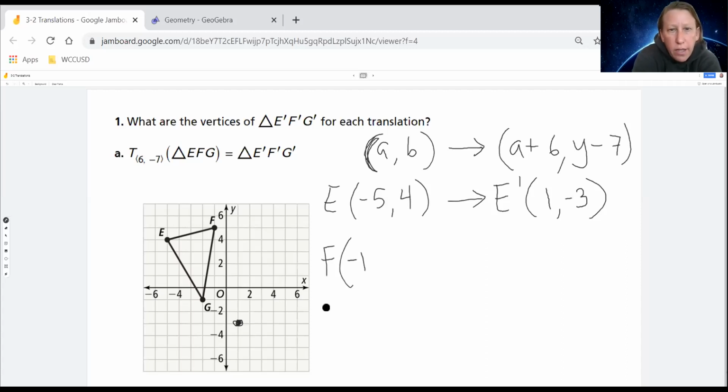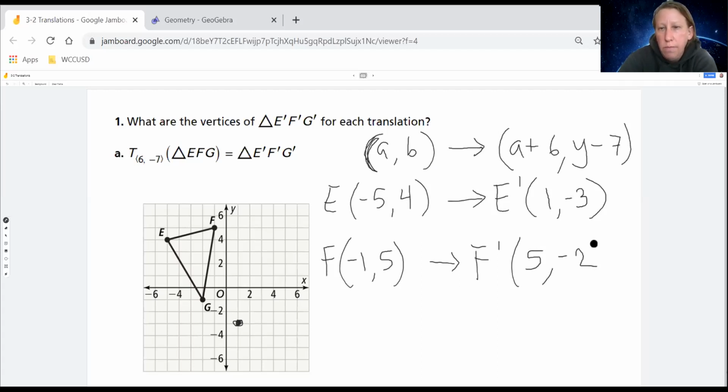Then you do it again. F was at (-1, 5). So the new F, what am I going to do? I'm going to add 6 to the x coordinate. -1 plus 6 is 5. And I'm going to do 5 minus 7, which is -2. And then G is (-2, -1).